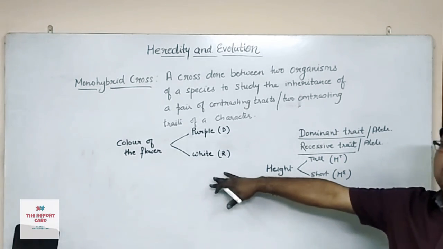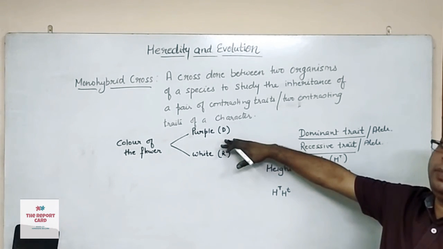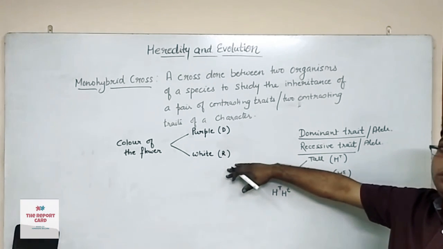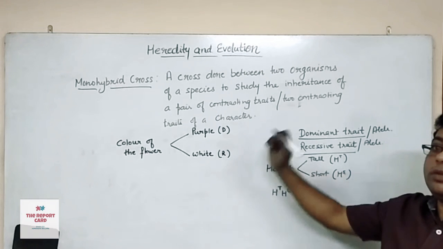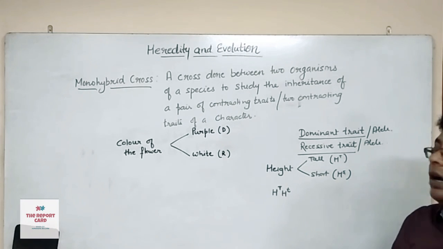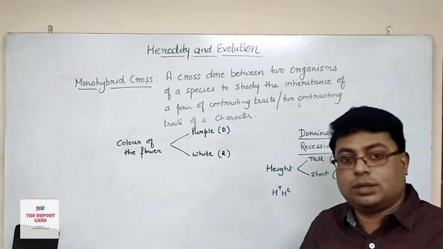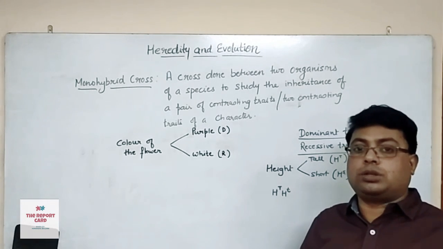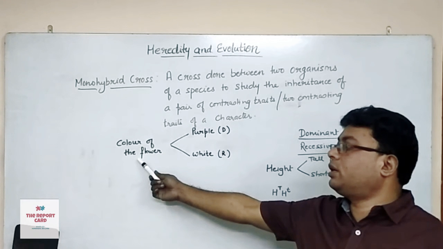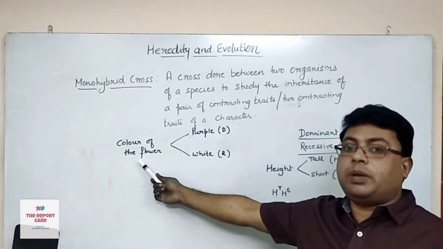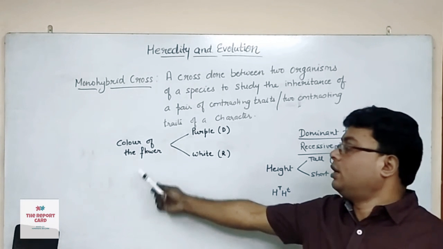Now how are we going to depict purple and white genotypically? So first, what will be our first step? Our first step will be to decide which alphabet are we going to use to depict this particular character. Okay, to depict the allele for this character.